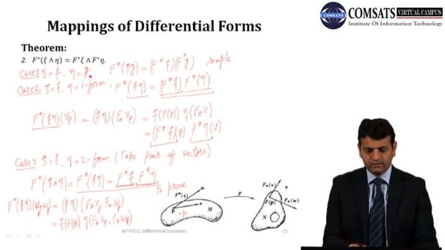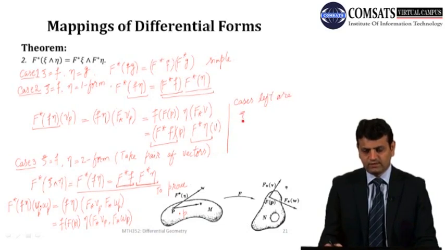So we have proved this for these three cases. So what is left? So cases left are when xi is a one form and eta is also a one form.